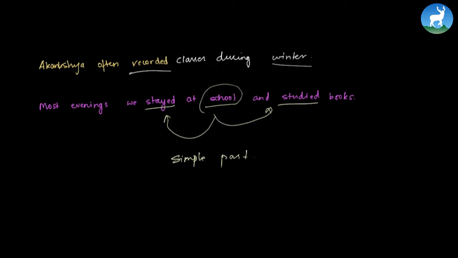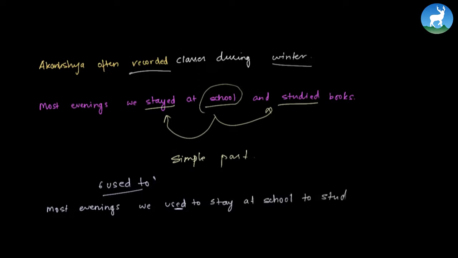Also, we can use the phrase used to with simple past tense. For example, we can use used to say something about a particular time in the past. For example, most evenings, let me take the same example. Most evenings we used to stay at school to study.